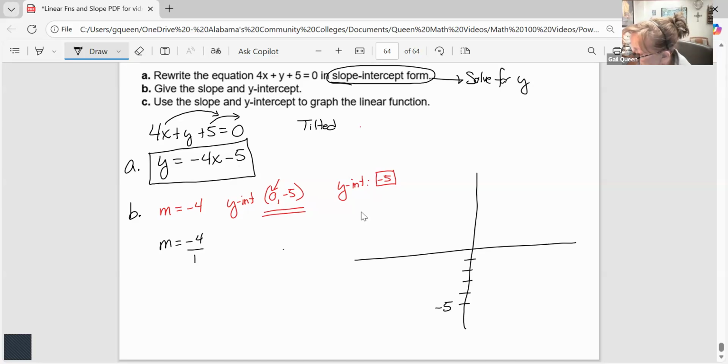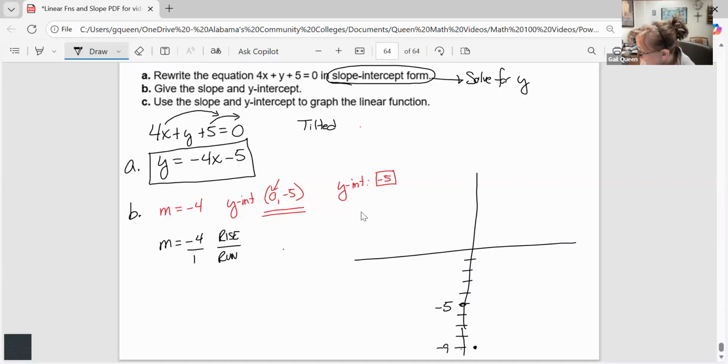We're going to make it negative 4 over 1, because to do it this way, we're going to count rise over run. So I am going to rise negative 4. So I'm going to go down 4. So negative 6, 7, 8, 9, go down 4, and then run positive 1.